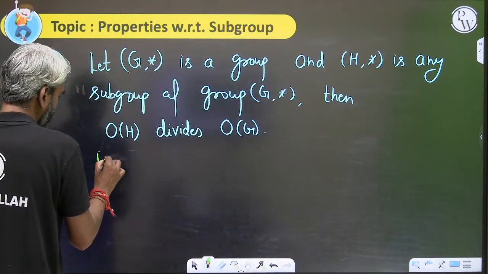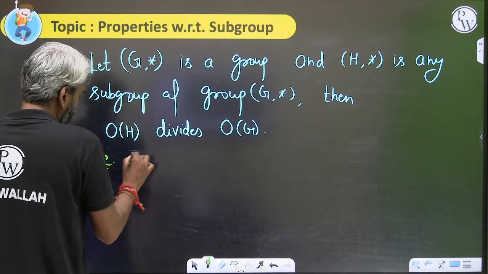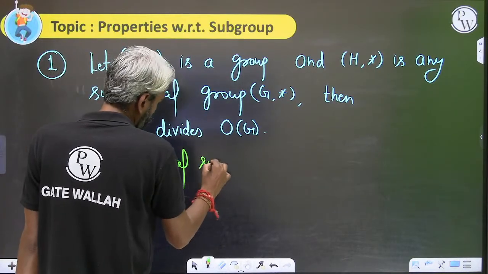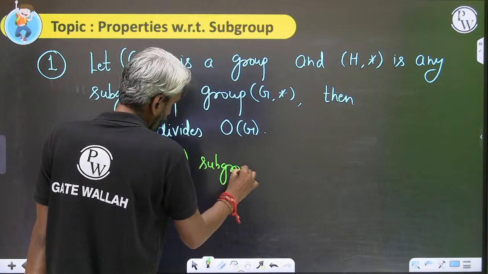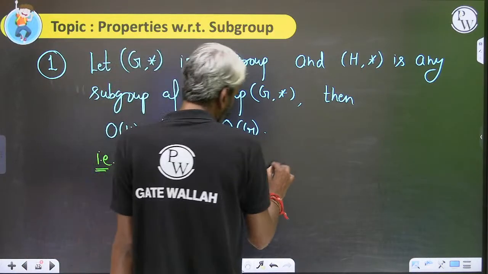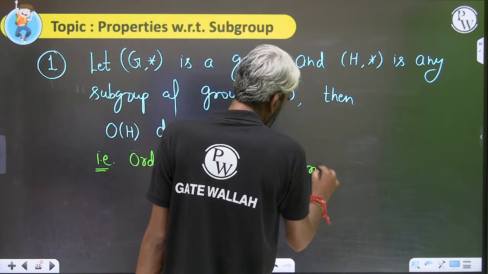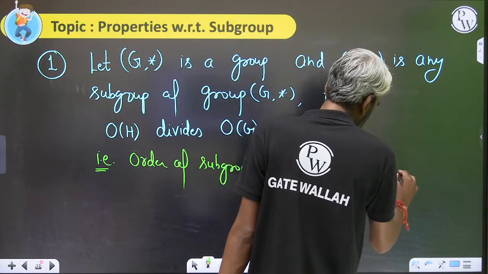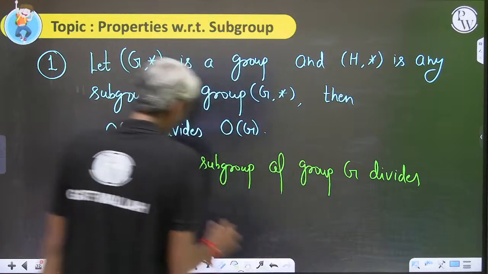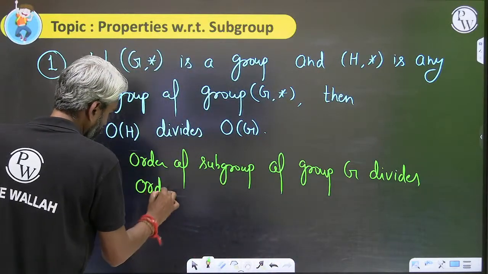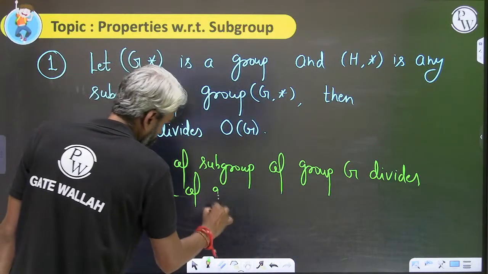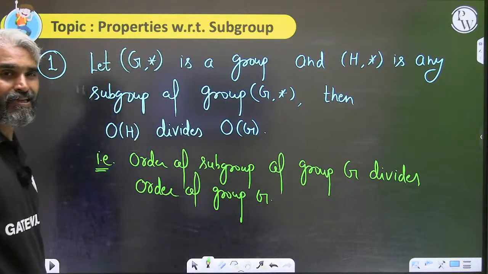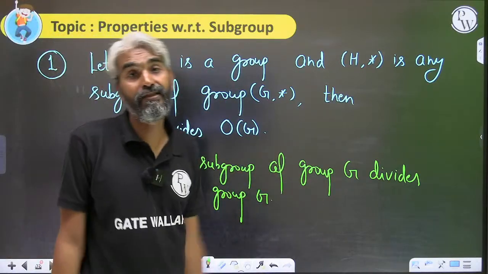That is, order of subgroup of group G divides order of group G. So if you have any subgroup, then the order of the subgroup will divide the order of the group.